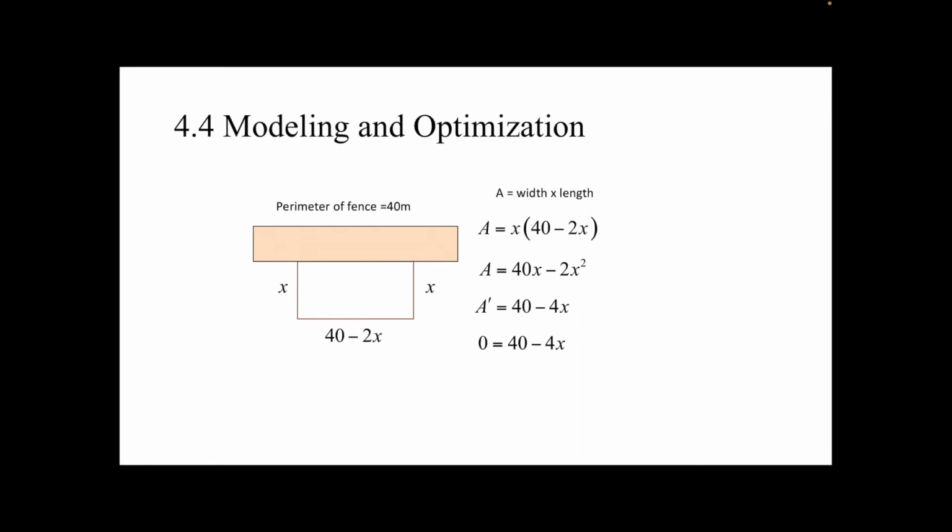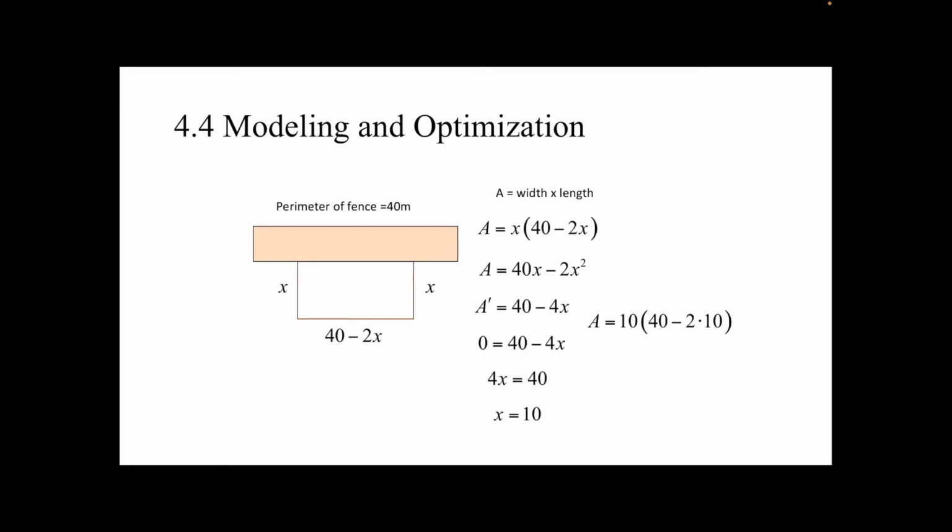So putting my equation equal to 0 and solving for x gives me 4x equals 40. Now to solve for x, I divide both sides by 4 and I get x equals 10. That means that when x is equal to 10, i.e. your width is equal to 10, we will get the maximum area for my enclosed fence.